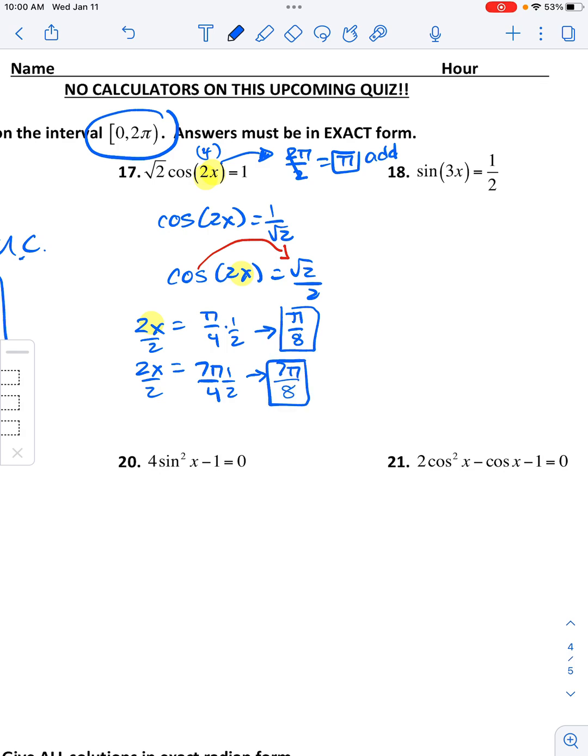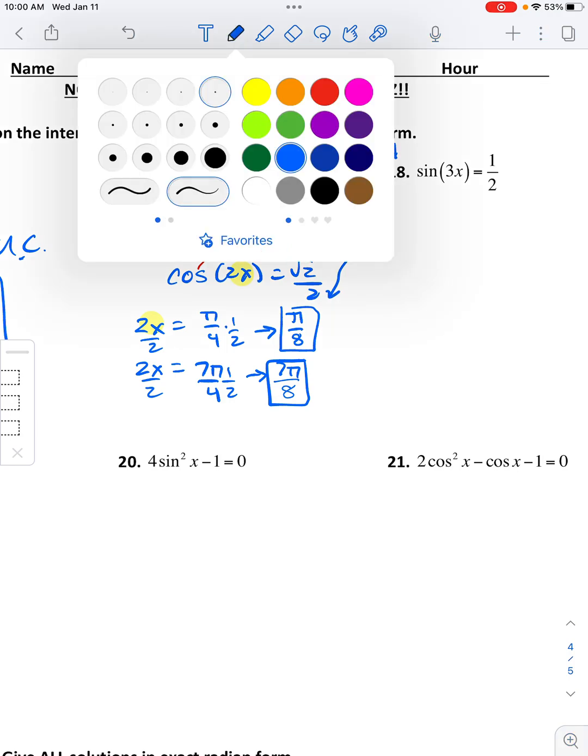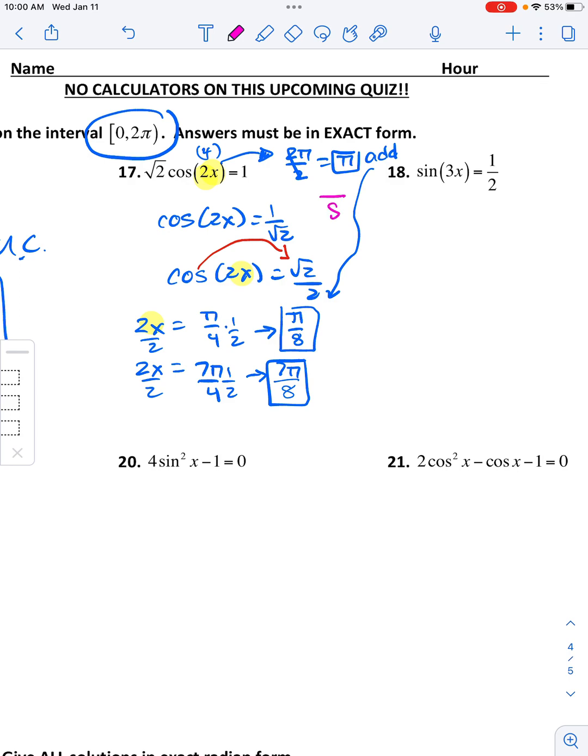Okay, but that's where this comes in. We now have to add pi. But since it requires a common denominator, I'm going to think of it as 8 pi eighths, which you'll see in the notes or the key. And so I'm going to go ahead and add 8 to my 1 pi and get 9 pi eighths.